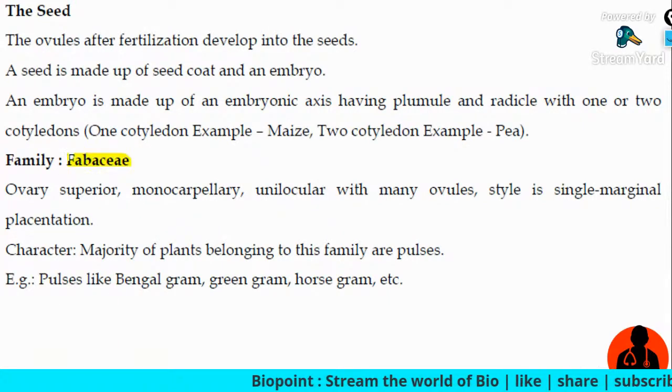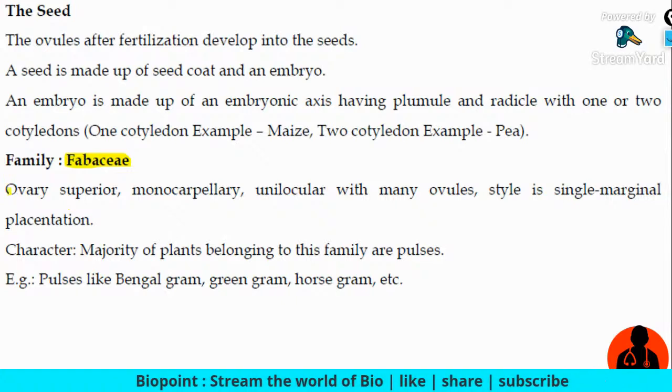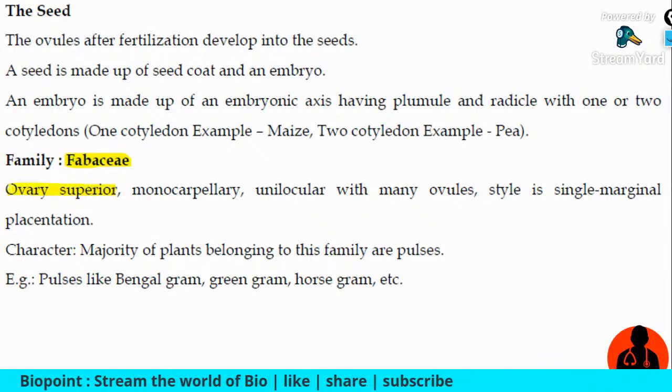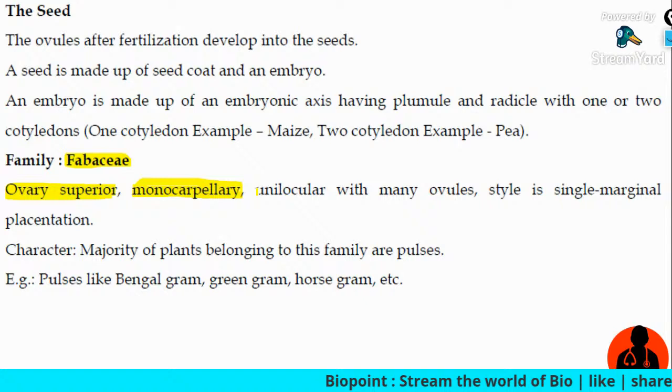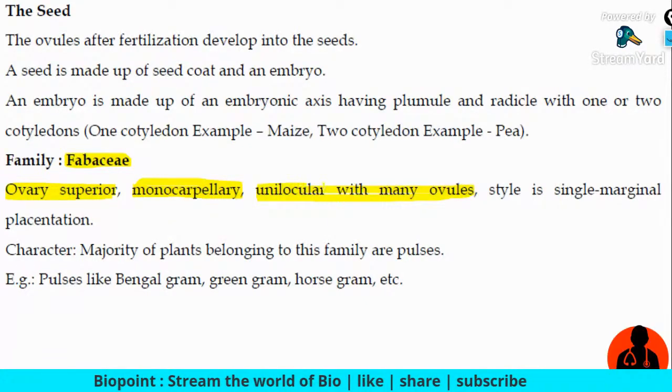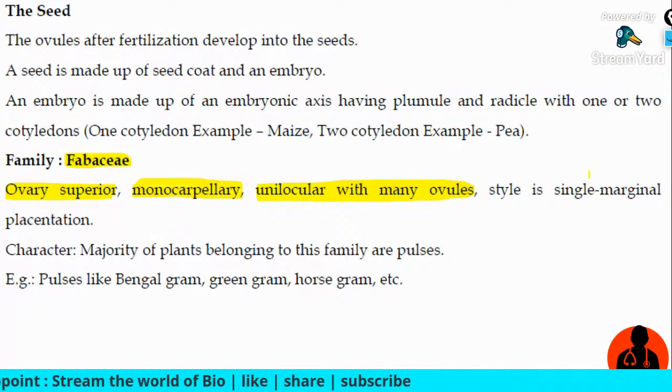Fabaceae. Superior ovary. First point, superior ovary. Second point, monocarpellary. They can give you these characteristics and ask you to name the family. Unilocular with many ovules. Fabaceae family, unilocular with many ovules. Style is single, marginal placentation.